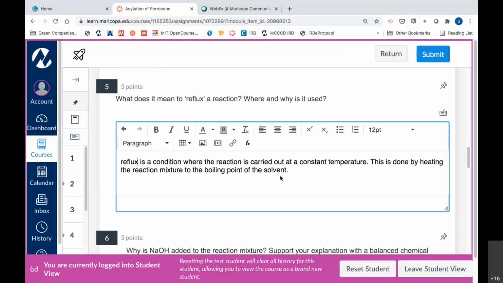So it cannot boil any higher than the boiling point of the solvent. This also can be achieved by heating the reaction mixture in a water bath where the highest temperature achieved will be that of the boiling point of water.